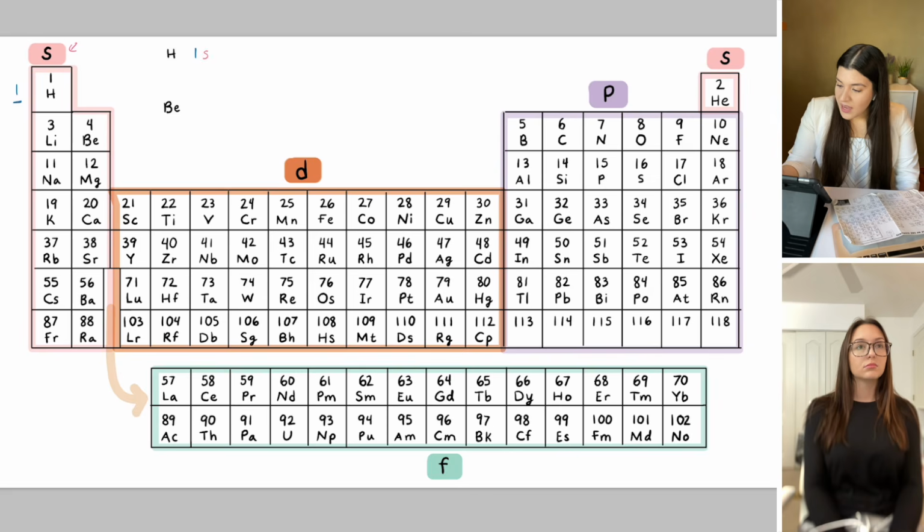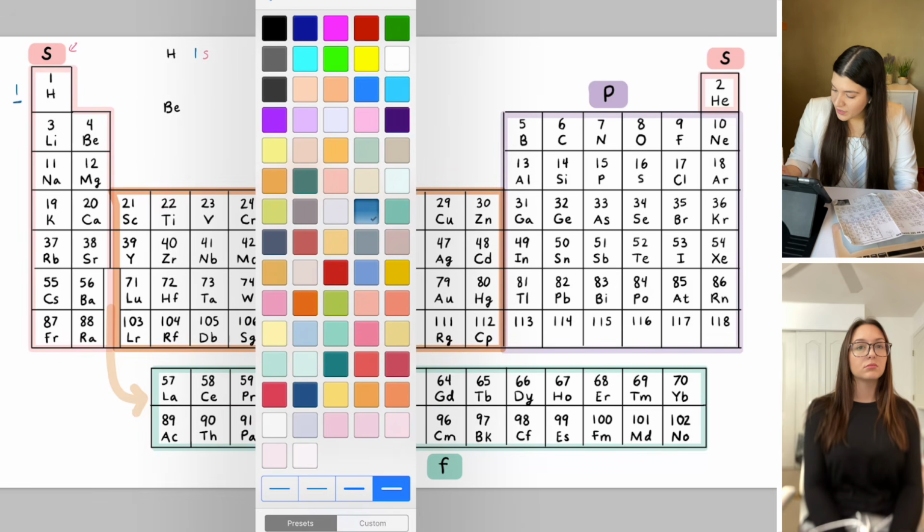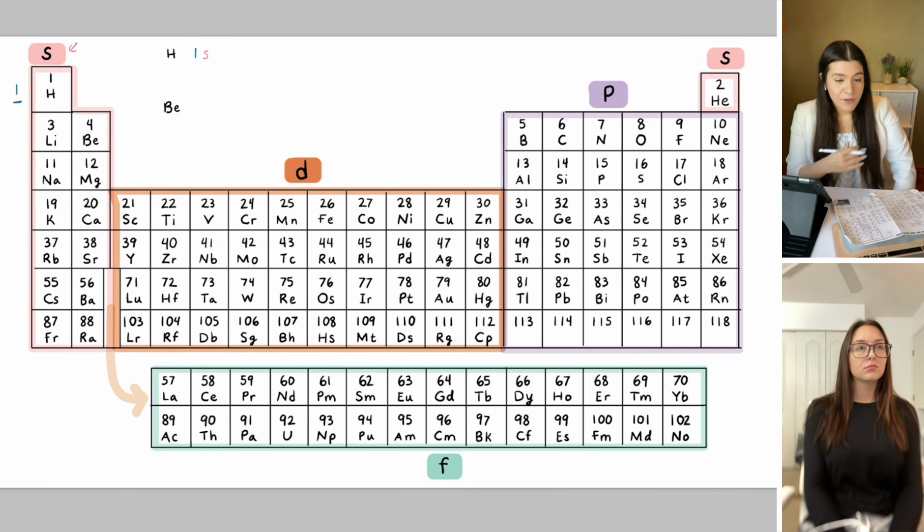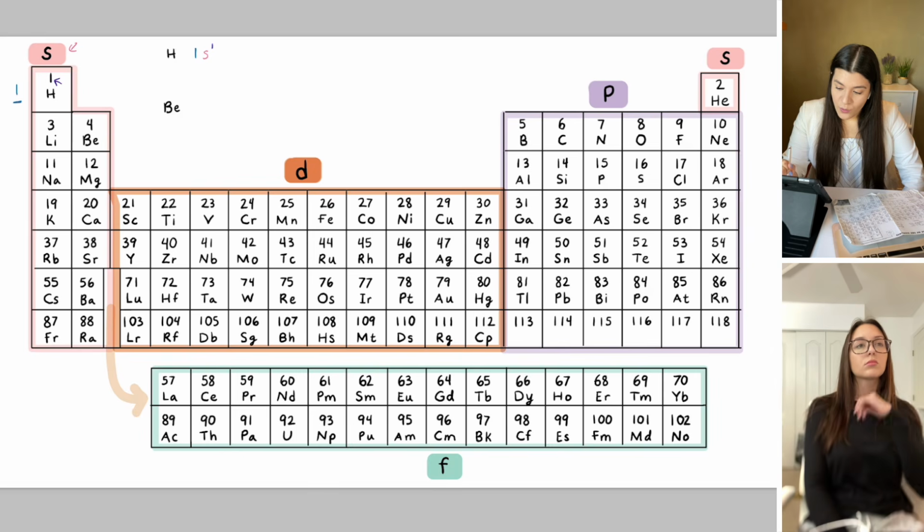Next, let me do a different color, purple, it's also going to let me know how many electrons hydrogen has. We know everything's neutral right now, so it's going to be the same amount of electrons as our atomic number, which is 1. So 1.